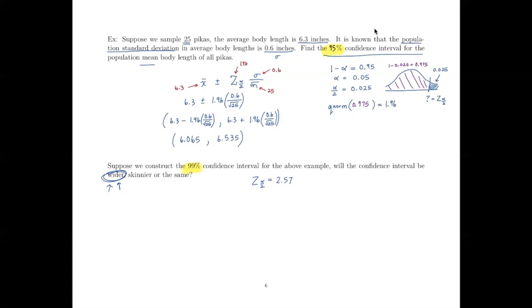You're going to say, I don't want to lose my job. And so the interval gets wider. The more confident you need to be, the wider the interval gets. And with that same note, if you can be less confident in your answer, the interval can get smaller and more precise.